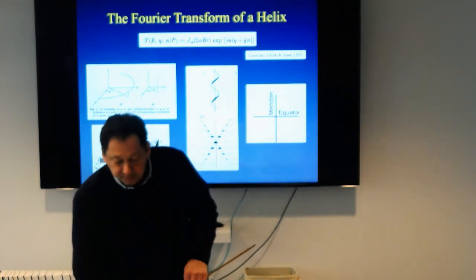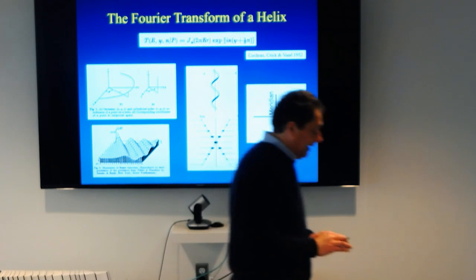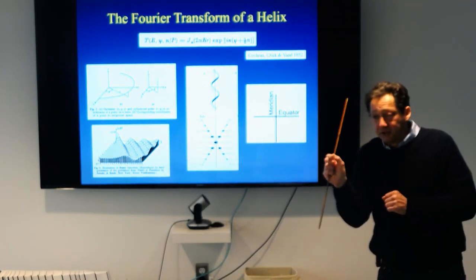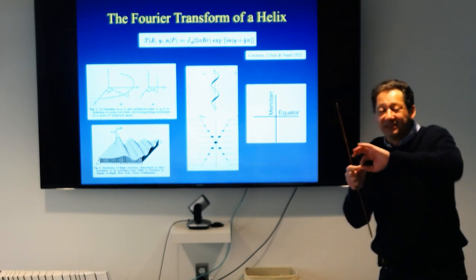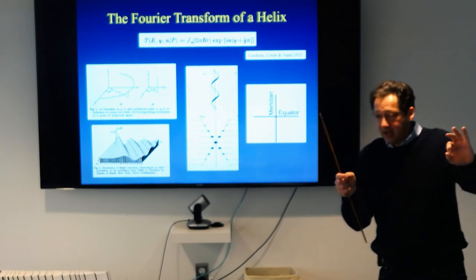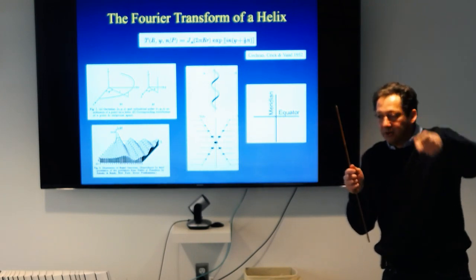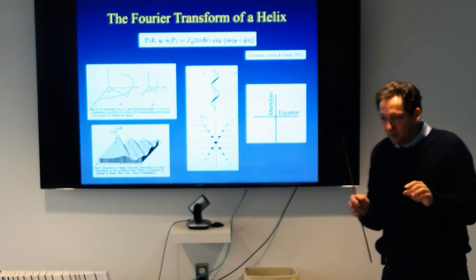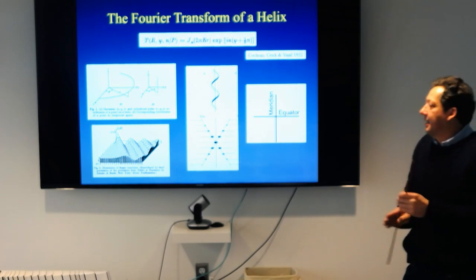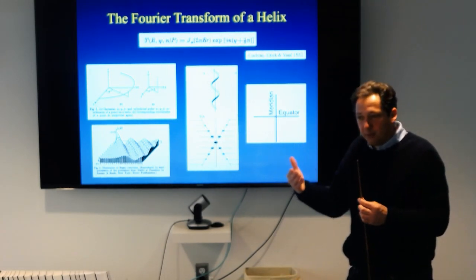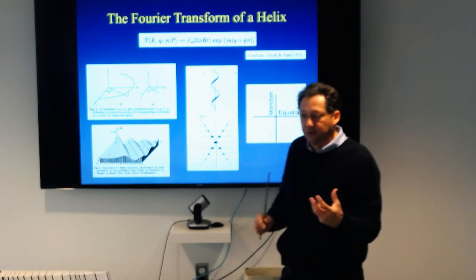But what happens is that instead of seeing spots in the diffraction pattern, what you're gonna see now is a streak. Okay? It's not just a single spot, but you're gonna see a maximum with a series of subsidiary maxima. And the origin of that is a term that you're gonna see over and over again when you hear about helical diffraction. It's a Bessel function.